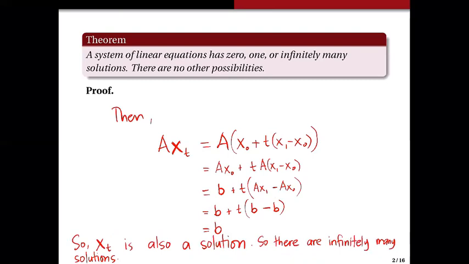So there are no other possibilities. We saw a system with zero solution. We saw a system with one solution. Okay. Now, if you found that a system has two solutions, then there will be infinitely many of them. You just need to find them all. And one way to find another solution is to do this thing here.